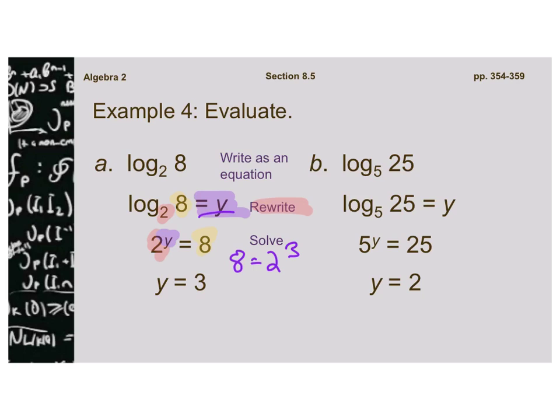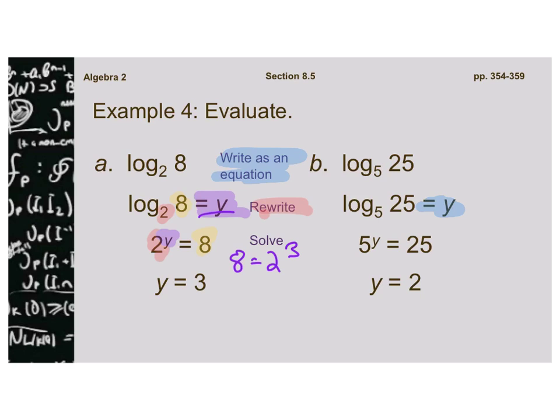On this next one, on B here, log base 5 of 25. The first thing we're going to do is write it as an equation, so that's where the equals y comes from.